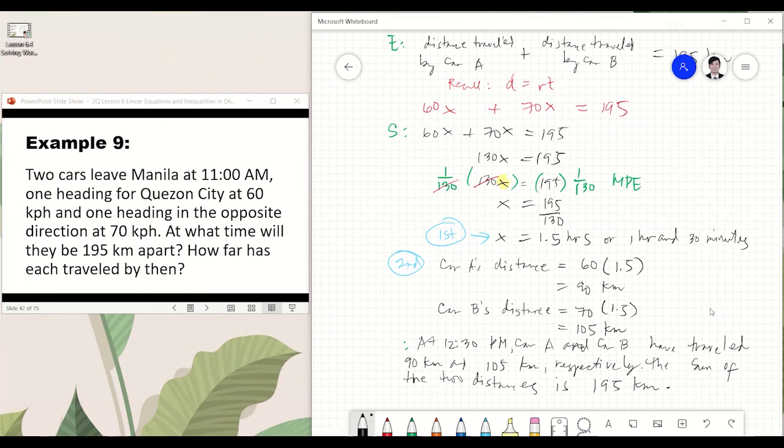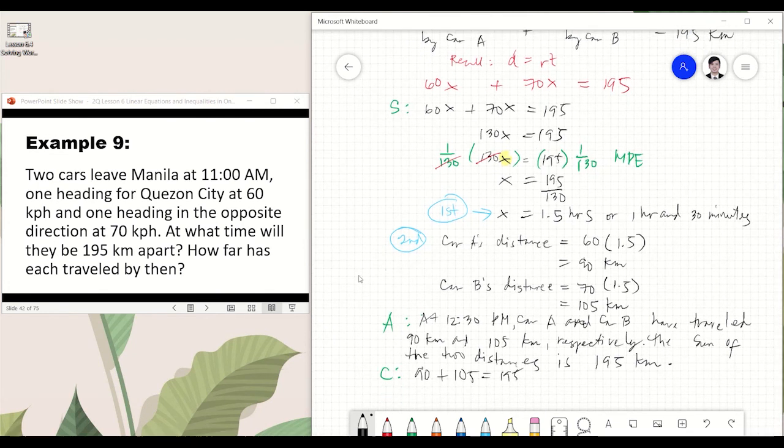So, siguro, we will try to consider this as our final answer. And yung checking lang natin, yun lang. We make sure that when we add 90 with 105, it should be 195. In which 90 plus 105 is 195 already. So we put a check mark if it's true.